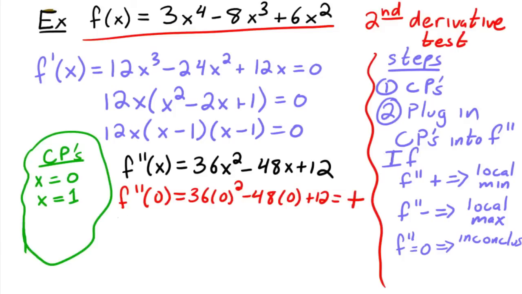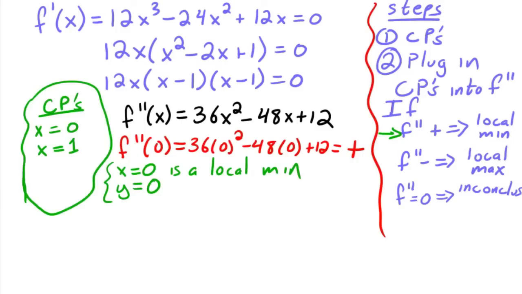So that means x equals 0 is a local minimum. To find the y value, remember you plug the x value into the original function. If you plug in 0 into the original, you get y equals 0. So the point (0, 0) is a local minimum.